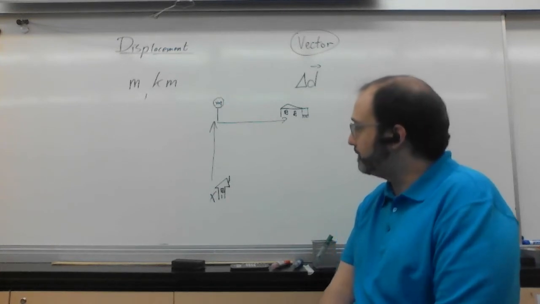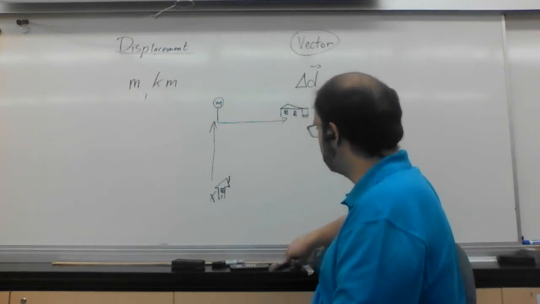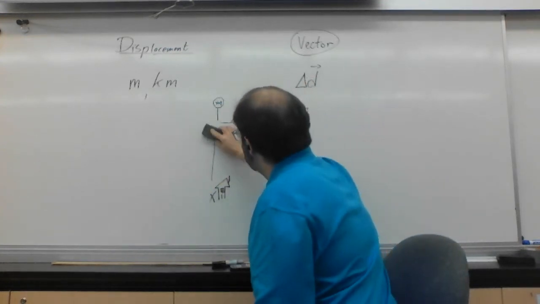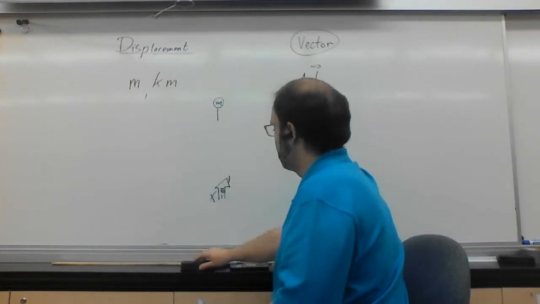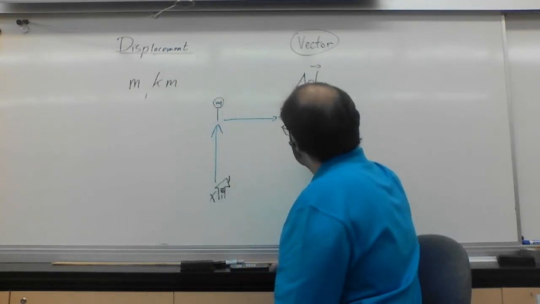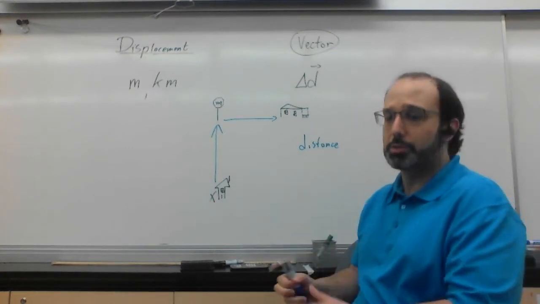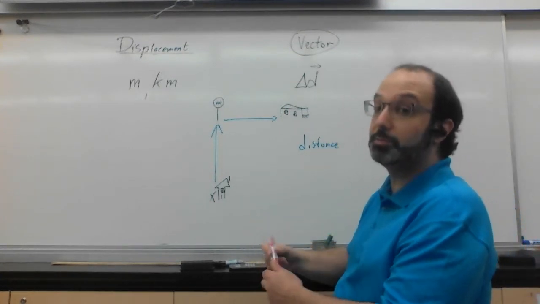In this case here, the black lines that I drew. Here, let's do it in color. The blue lines that I'm going to draw right here are distance. The red line is going to be displacement.